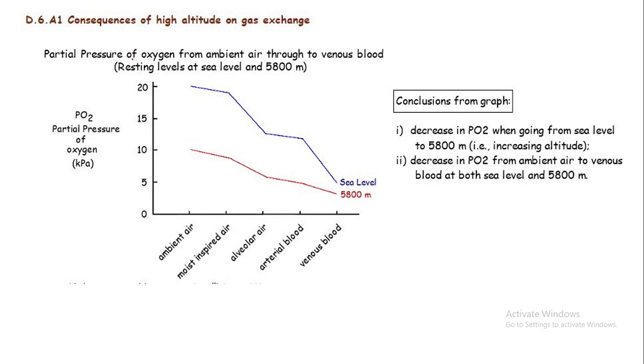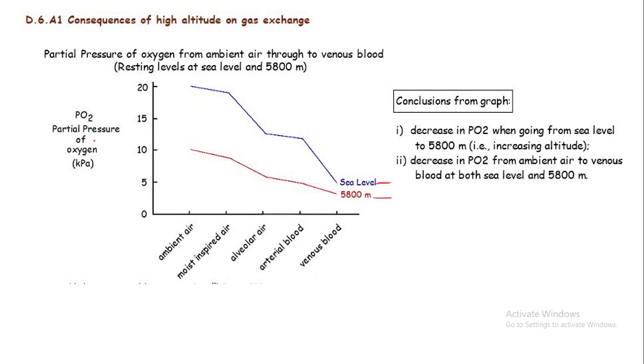So, the partial pressure of oxygen from ambient air through the venous blood, at resting levels at sea level, normal ground, and at higher altitude. So: ambient air, moist inspired air, alveolar air, arterial blood, venous blood.